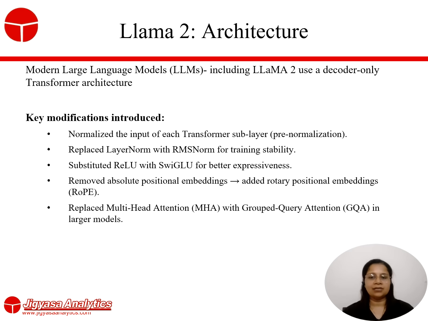In larger models, multi-head attention is replaced with grouped query attention, which improves the efficiency and speeds up inference without much loss in accuracy. Finally, Llama 2 can handle a context length of up to 4096 tokens, allowing it to process and understand much longer sequences of text than before.